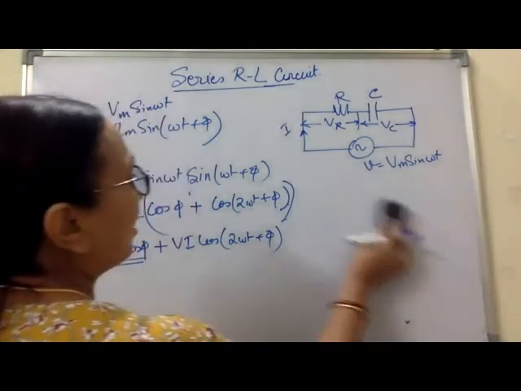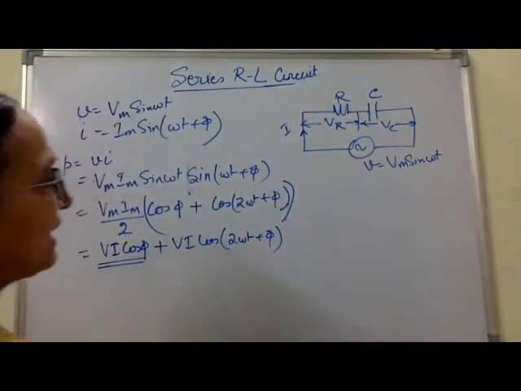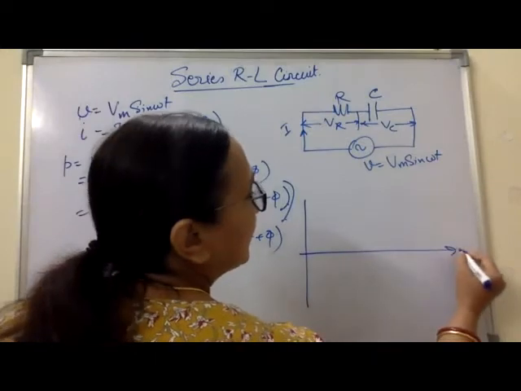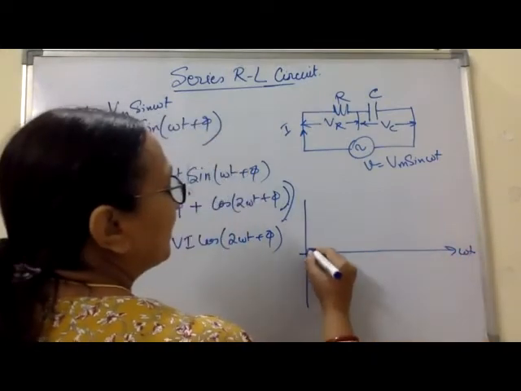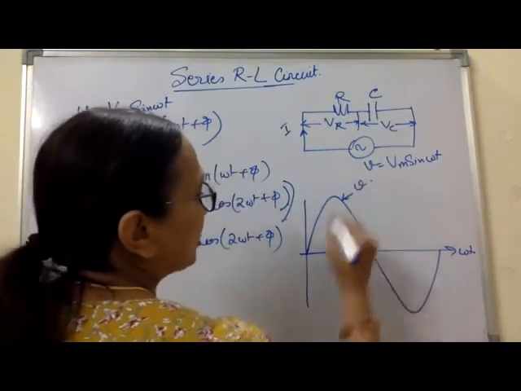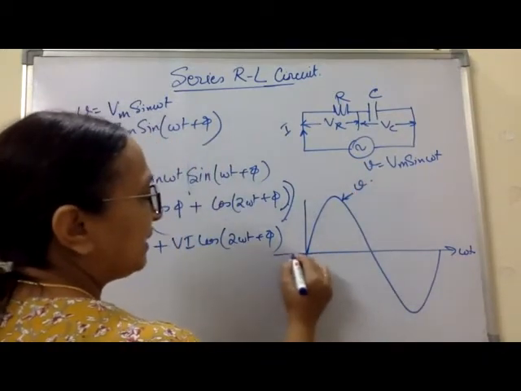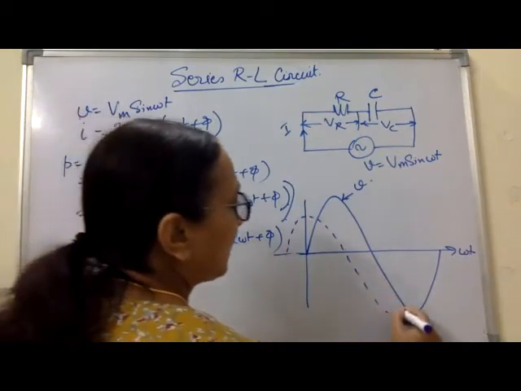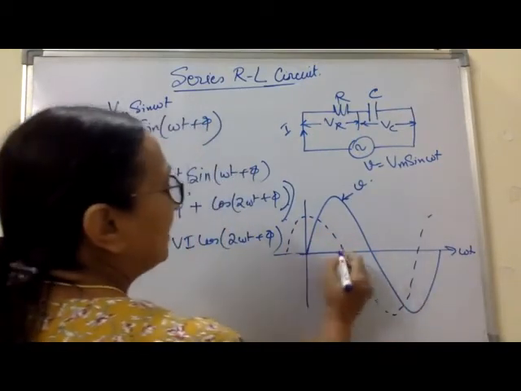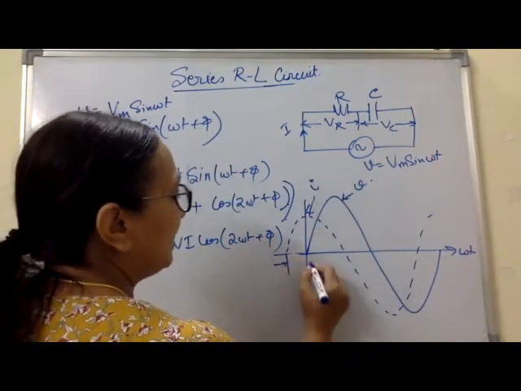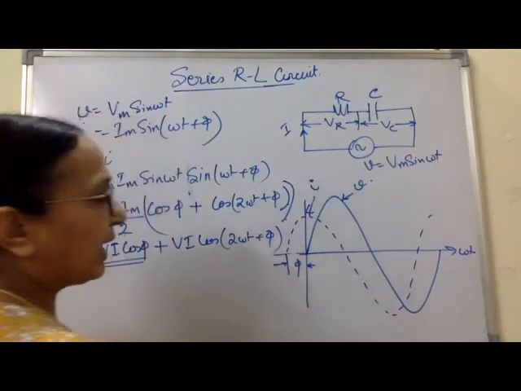Now if you draw the waveforms of the voltage and the current for the capacitive circuit, suppose this is your voltage. The current will be leading the voltage, so this is your current, and it is leading the voltage by an angle phi.